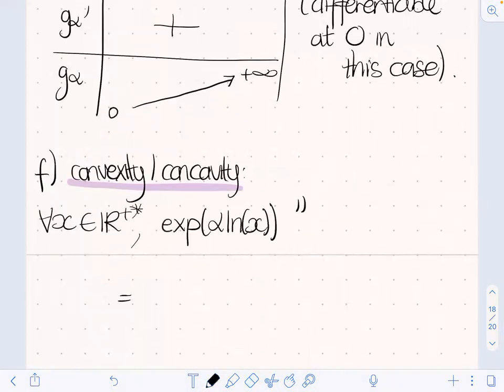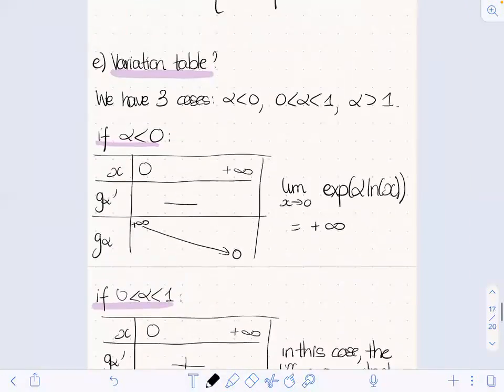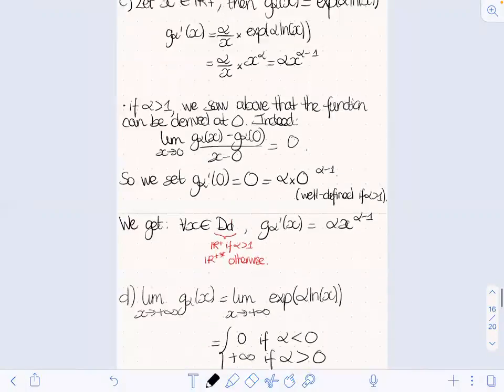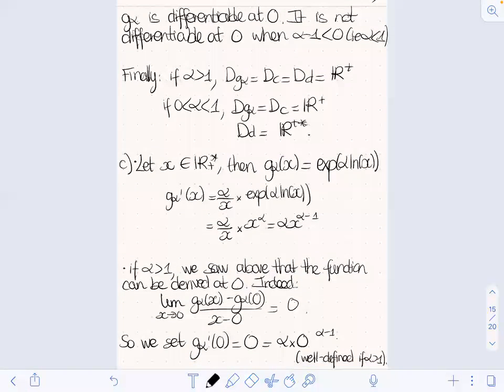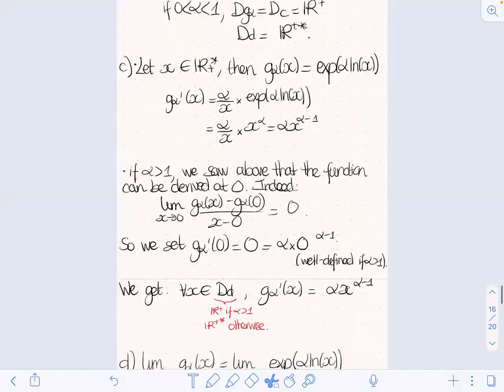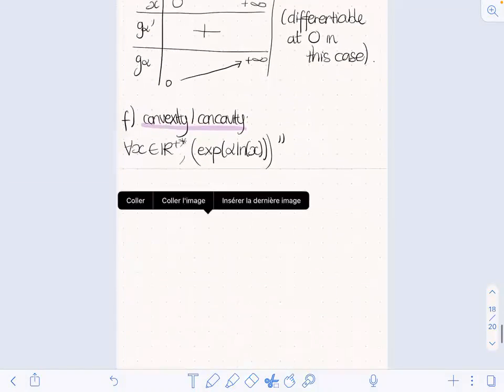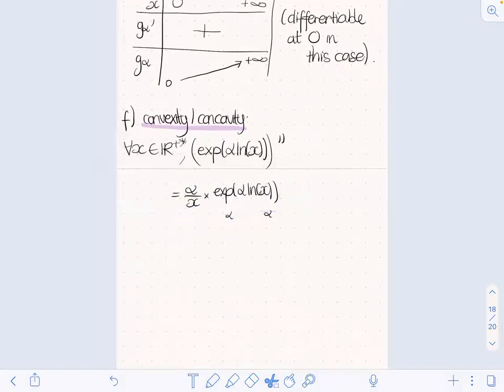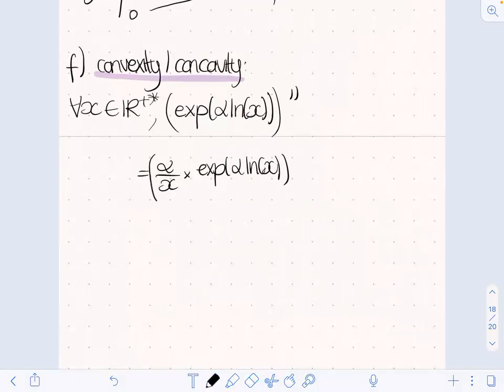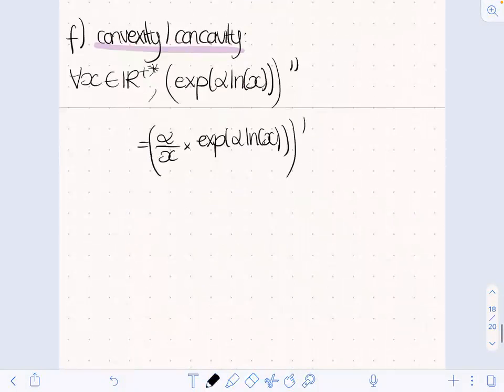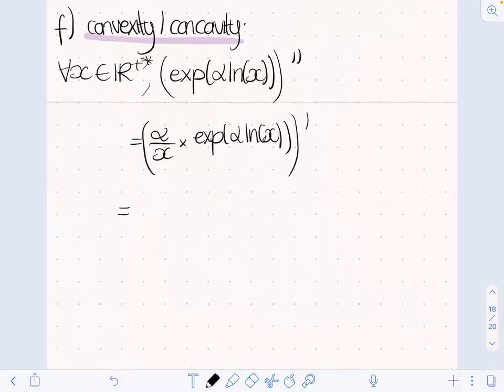So we're going to look at the second derivative of this, and we have the first derivative somewhere above. So let me find that. It's here. So that's the first derivative, and we want to derive this again. You've got the product of two terms.